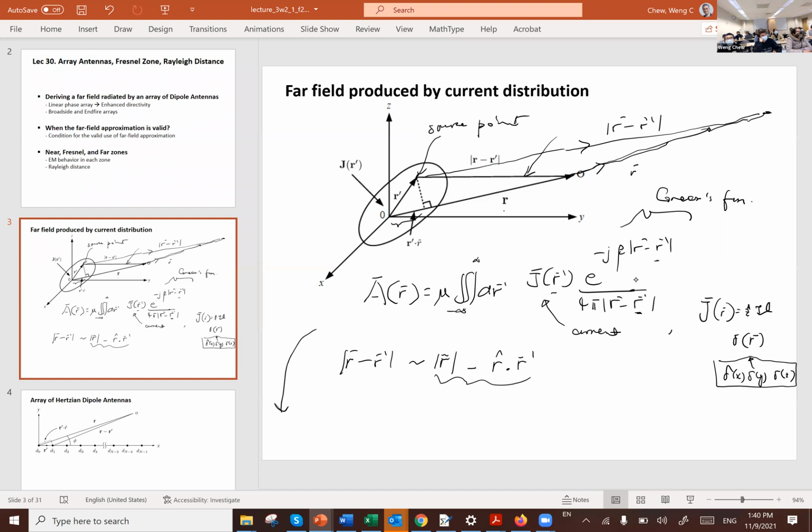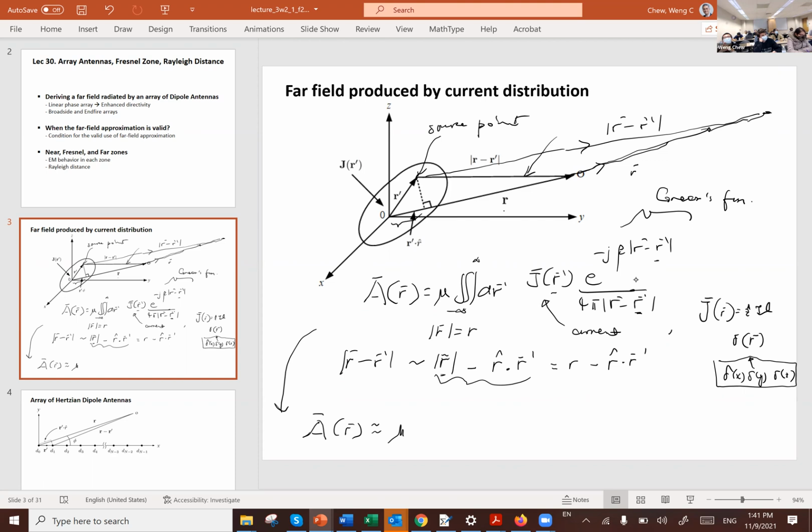Then what it says is that this integral can now be approximated as, if I put this in here, this term is independent of r prime. So I can actually write this as r, taking the fact that the magnitude of r is r itself. Define that to be the way.